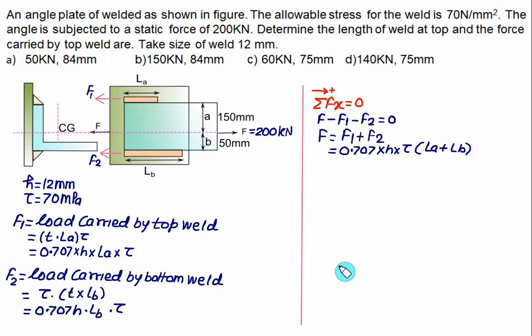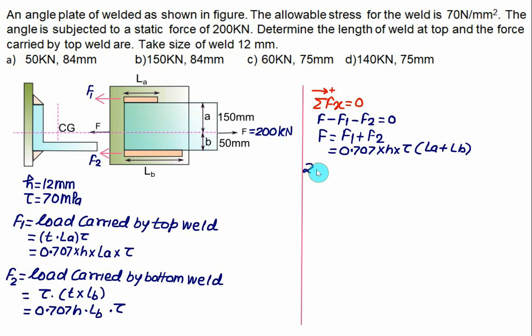So if I apply the equation sigma Fx equal to 0, I will follow the same procedure that I have discussed in the derivation. We have F as a positive force, F1 is negative, F2 is negative. So we have F minus F1 minus F2 equal to 0, or F is equal to F1 plus F2. F1, F2 we can substitute from these two equations. 0.707 multiplied by H multiplied by tau is the common quantity. LA plus LB we can find out. So in this case we have F given as 200.